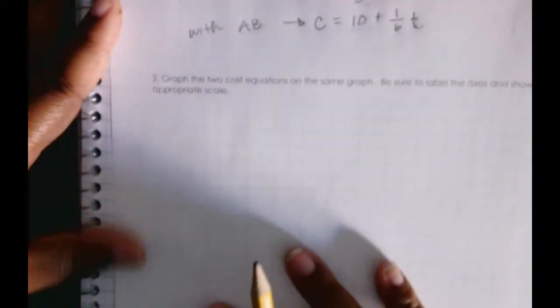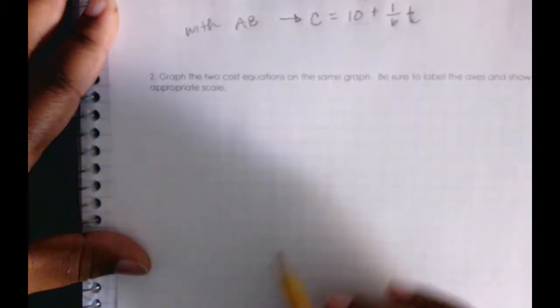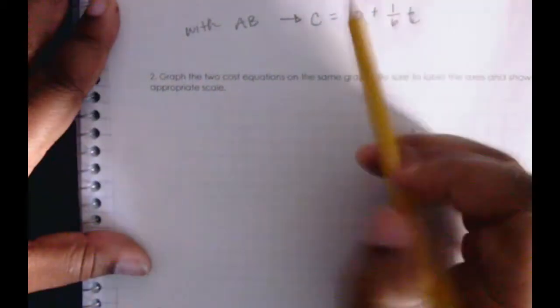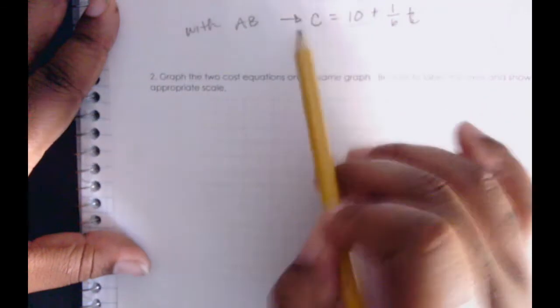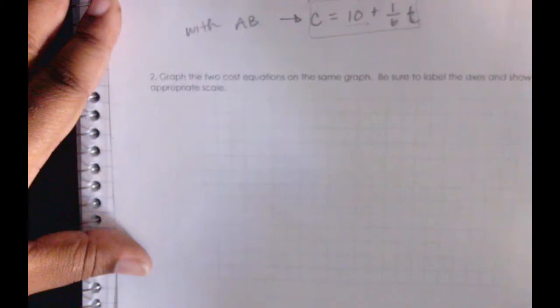Now, when graphing this equation, I know it can be a little bit confusing, but all you want to do is graph it in a way that makes sense, so that you can plug in values for this equation and this equation and understand what is happening.